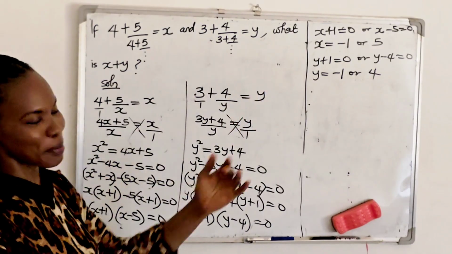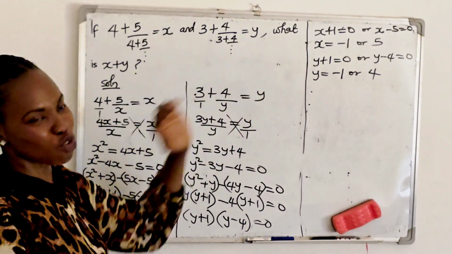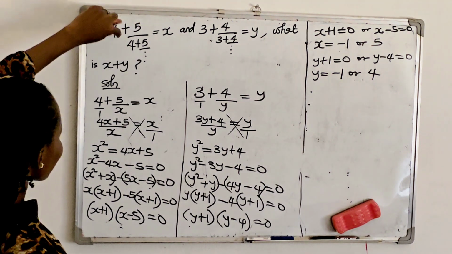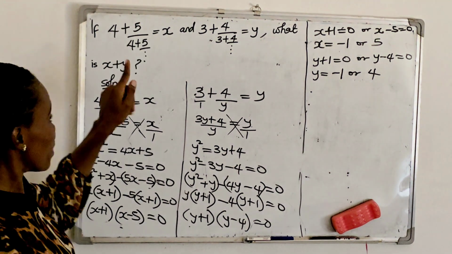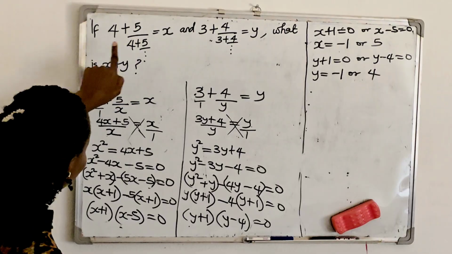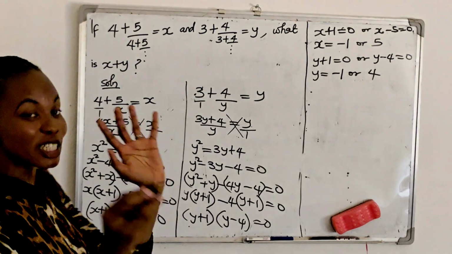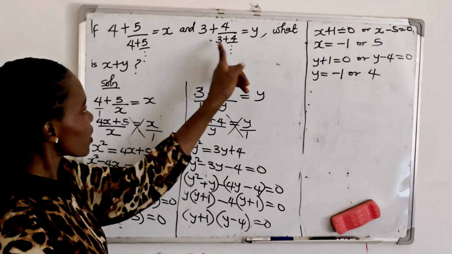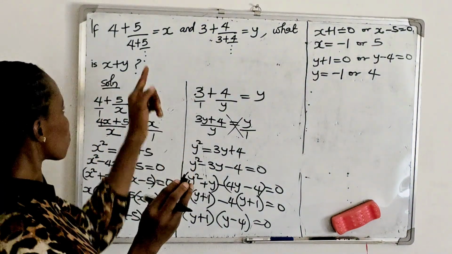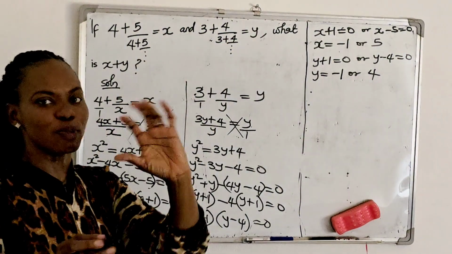So let's look at them and see which one is likely to be x. Look at this. From everything we are seeing here, x is a positive number. This is plus 4 plus this term, a positive term, so it will definitely give you a positive number. The same thing here, 3 plus everything here will definitely give you a positive number. So x and y must be positive.